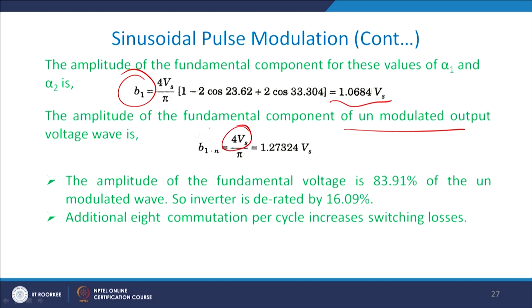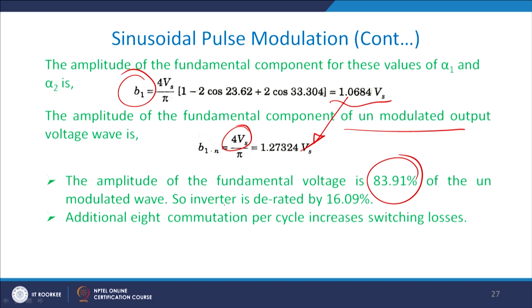So, that value is essentially 1.27, but it will have a degradation of this value from this unmodulated waveform, but you get lower THD. The amplitude of the fundamental waveform is 83% of the unmodulated waveform.